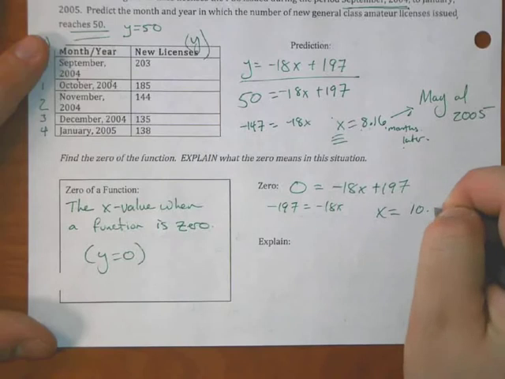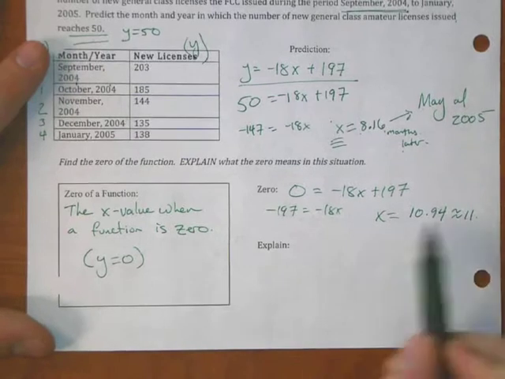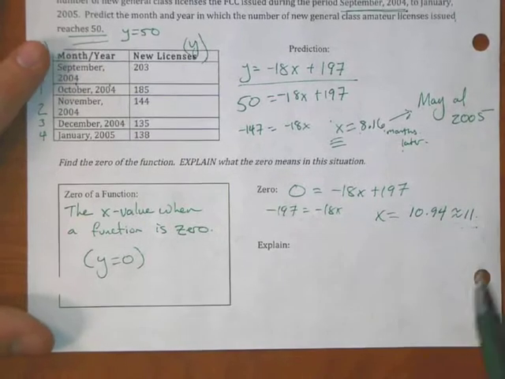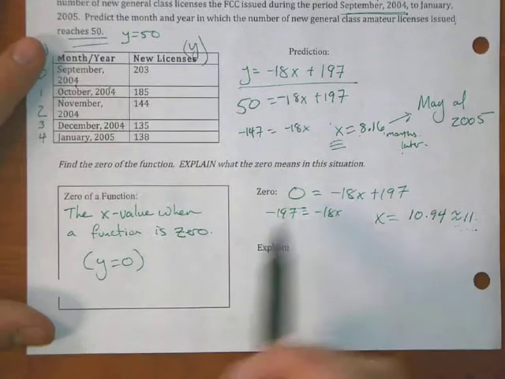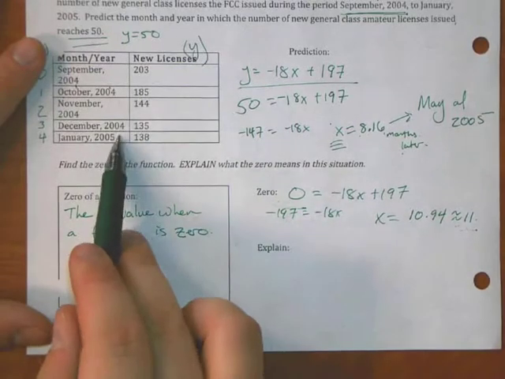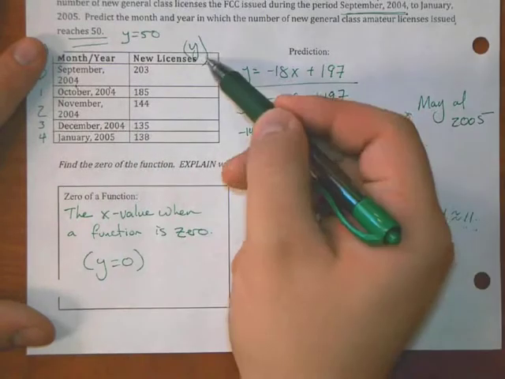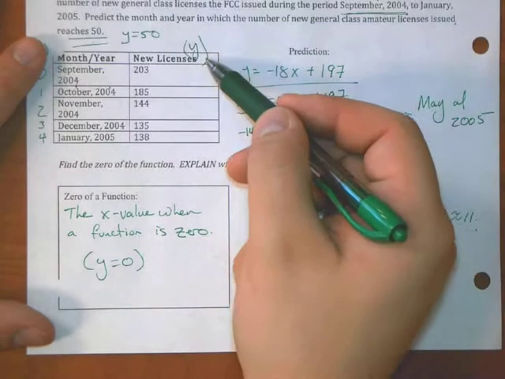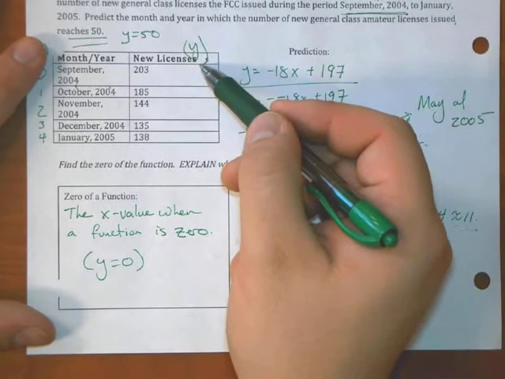What was it, Austin? I got 10.94. So this is saying that the zero of our function is about 11. What does the 0 represent in here? When y is 0, what does that represent in our data? What's y? New licenses.